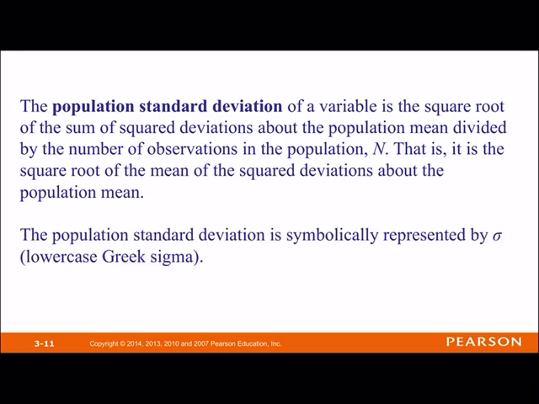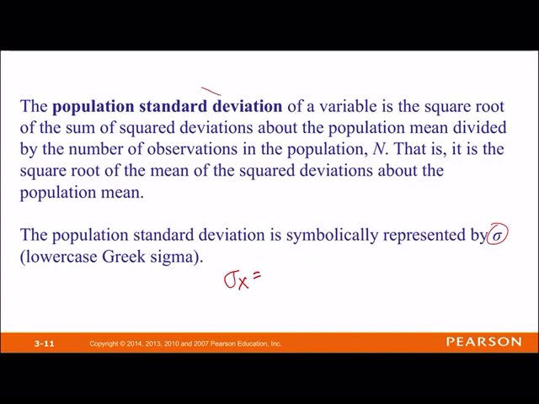The population standard deviation is symbolically represented by the lowercase Greek sigma. Inside the calculator, you'd be looking for that one. But again, our goal right now is to do it by hand. You can always use your calculator to check, but we're doing it by hand.